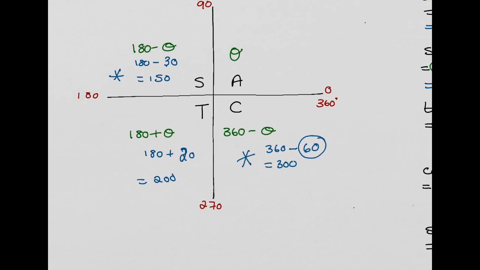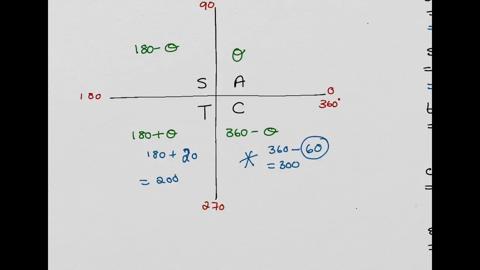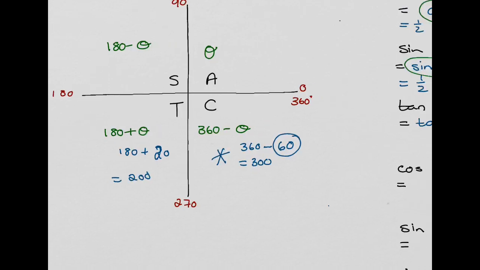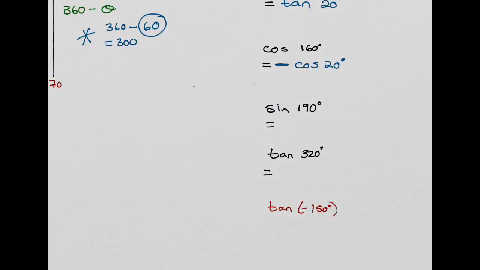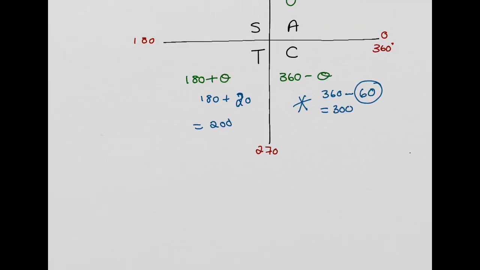Now, cos 160. 160 sits here in sine's quadrant. So we need to ask ourselves, 180 minus what is going to get us 160? So it's 180 minus 20. Now, because we're in sine's quadrant and we're working with cos, it is going to be negative. So we're working with negative cos 20 degrees, which we have to leave because we're not allowed to use a calculator. Sine 190, if we go here, 190 sits in tan's quadrant.